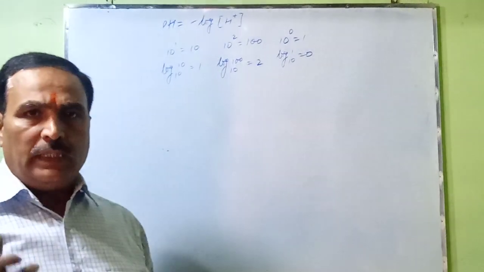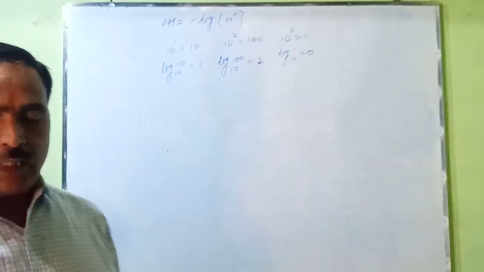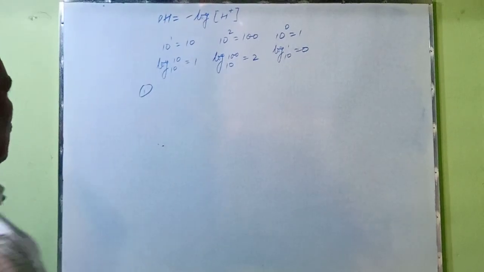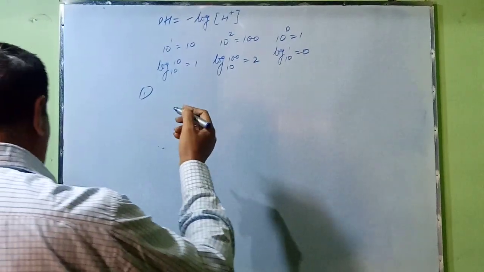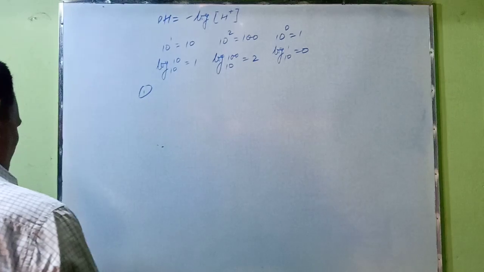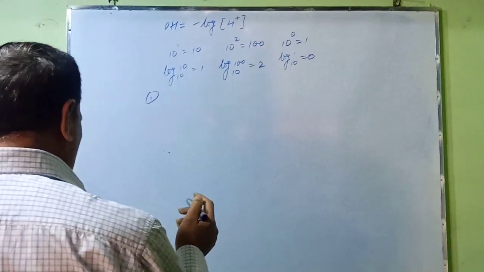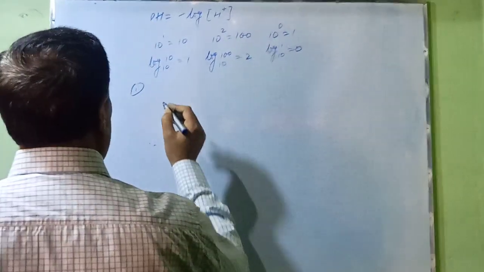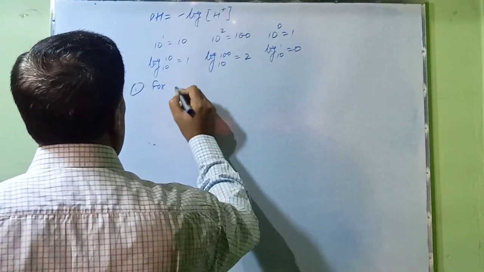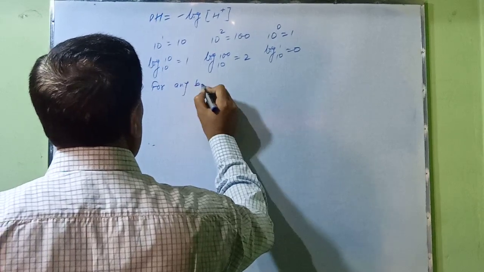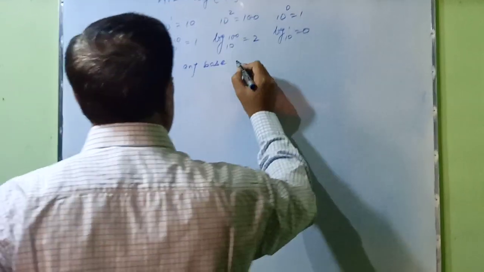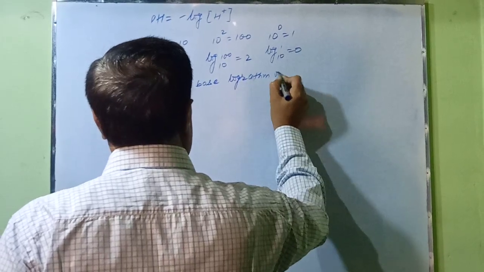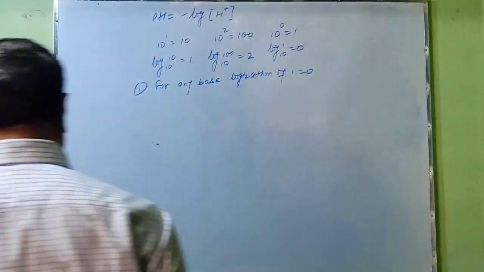Now, we write some formulas of logarithm. First, for any base, logarithm of 1 is equal to 0.